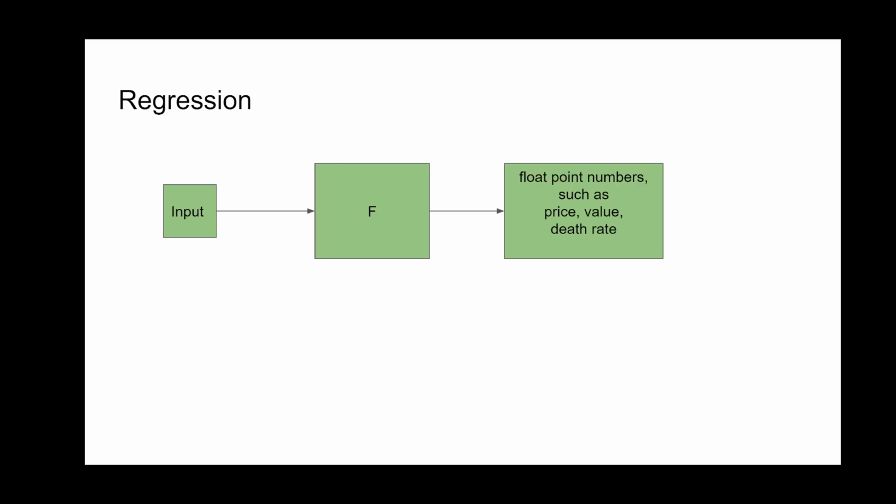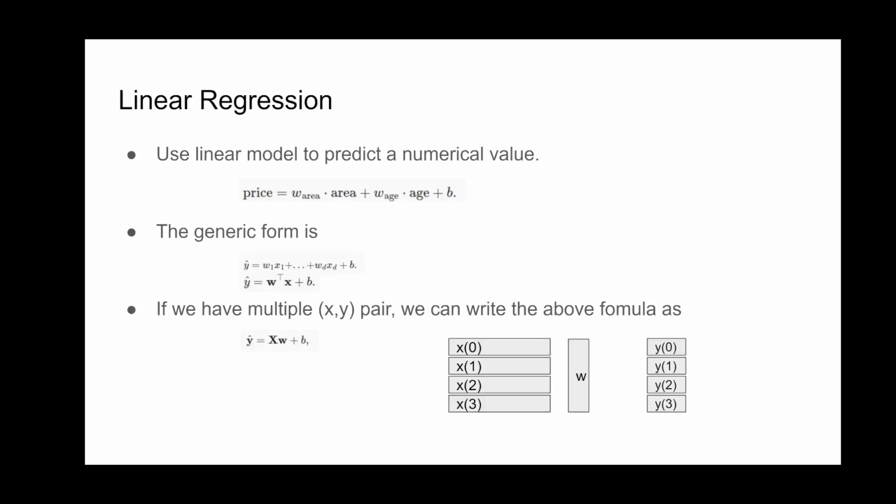The single number could be, for example, the price of a stock in a stock market prediction problem, or a death rate in a disease prediction model. For this kind of problem, there is a special form of regression called linear regression.